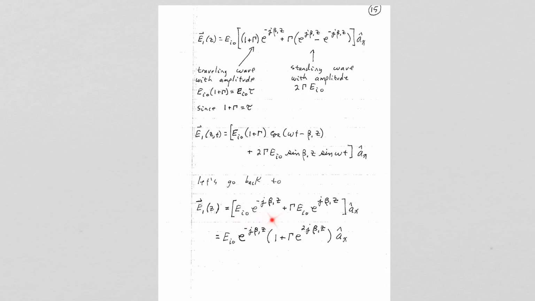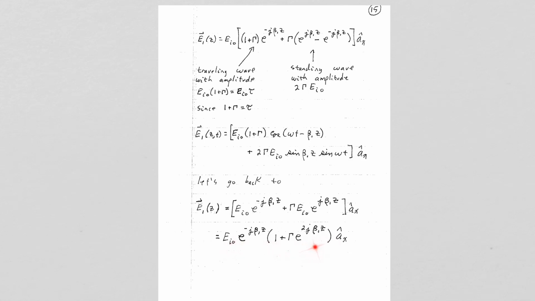Let's go back to this form where we have our incident wave and our reflected wave, and let's factor out our incident wave from the first and second terms to get this form for our electric field intensity in material 1.